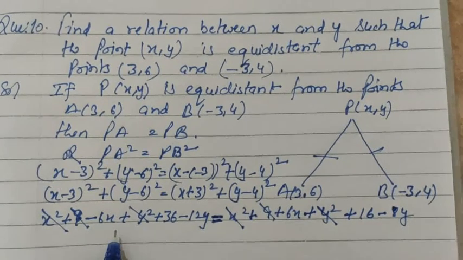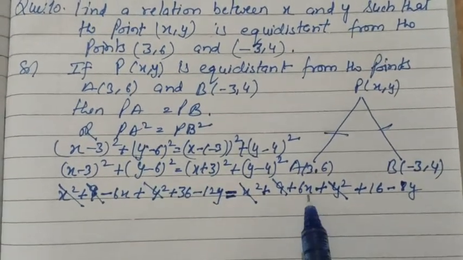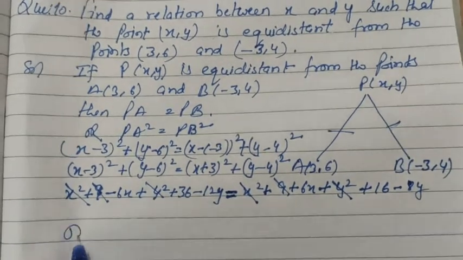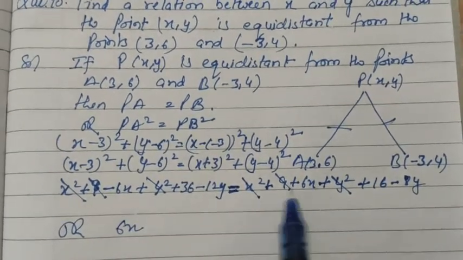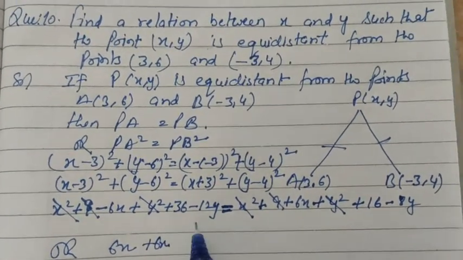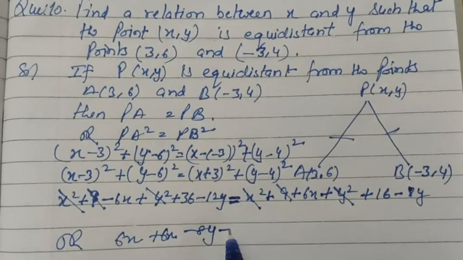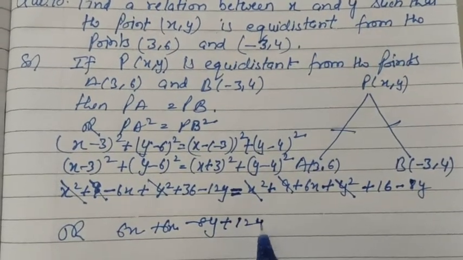Now the rest of the terms we can transpose to the other side. We have minus 6x, which transposed to the right hand side becomes plus 6x, and minus 8y we have already. This minus 12y transposed to the right hand side becomes plus 12y.